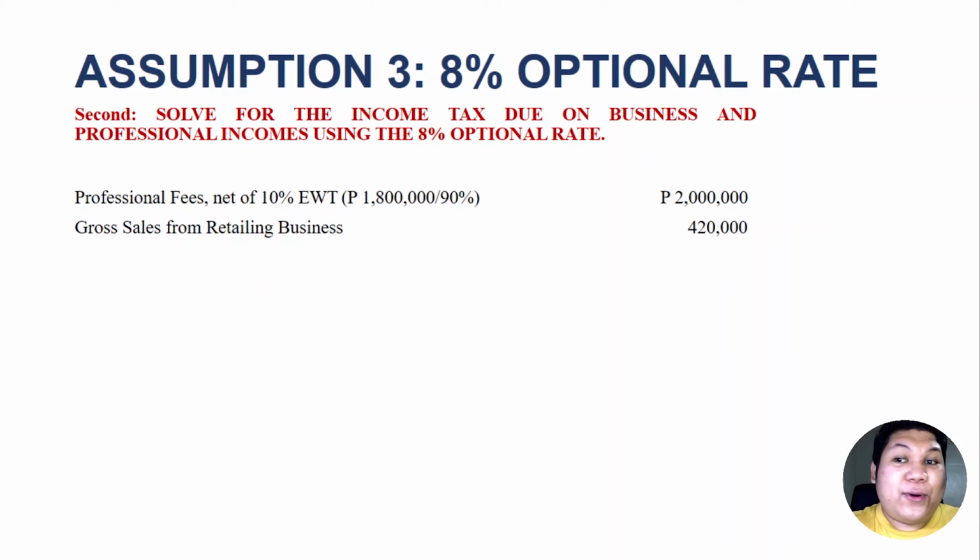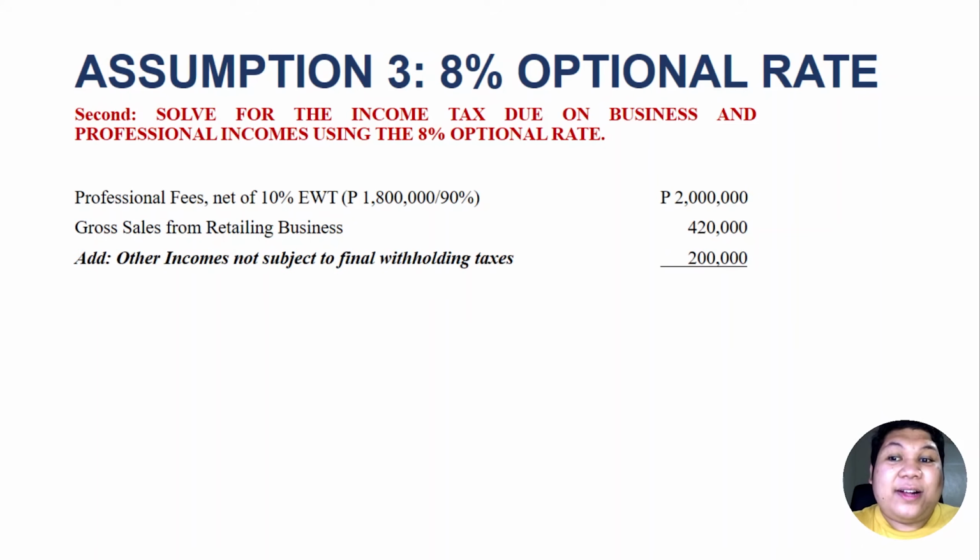And again, we will have to add here the other incomes not subject to defined withholding taxes, because the basis of the 8% optional rate is the annual gross sales and receipts plus other non-operating incomes.